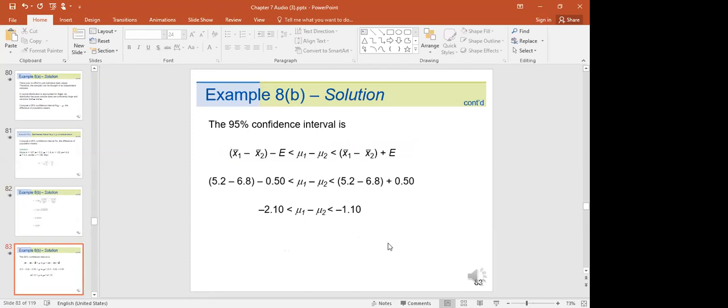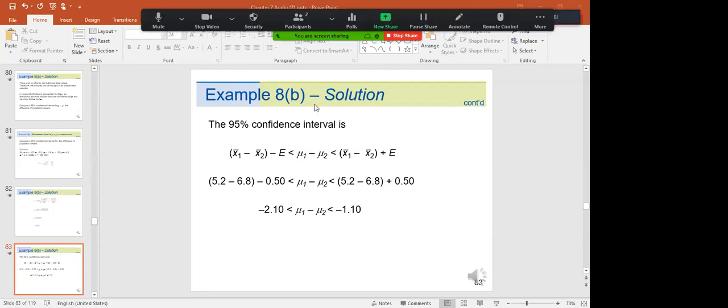And then take the difference between the 2 sample means, 5.2 minus 6.8, subtract the margin of error, and add the margin of error to get these 2 negative numbers. These 2 negative numbers will help us to determine the sign of mu1 minus mu2. Because both numbers are negative, it means this difference is negative. That will mean mu1 minus mu2 is less than 0. Let me write it here.